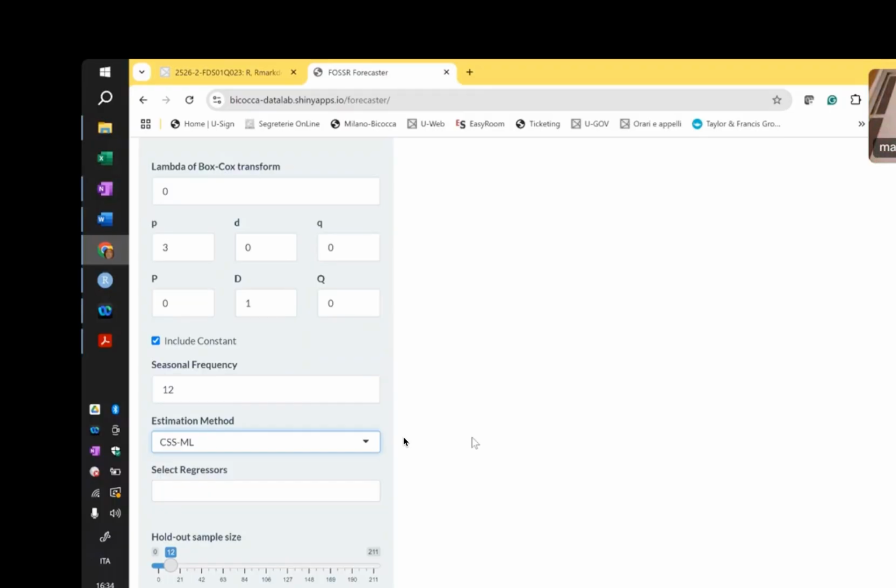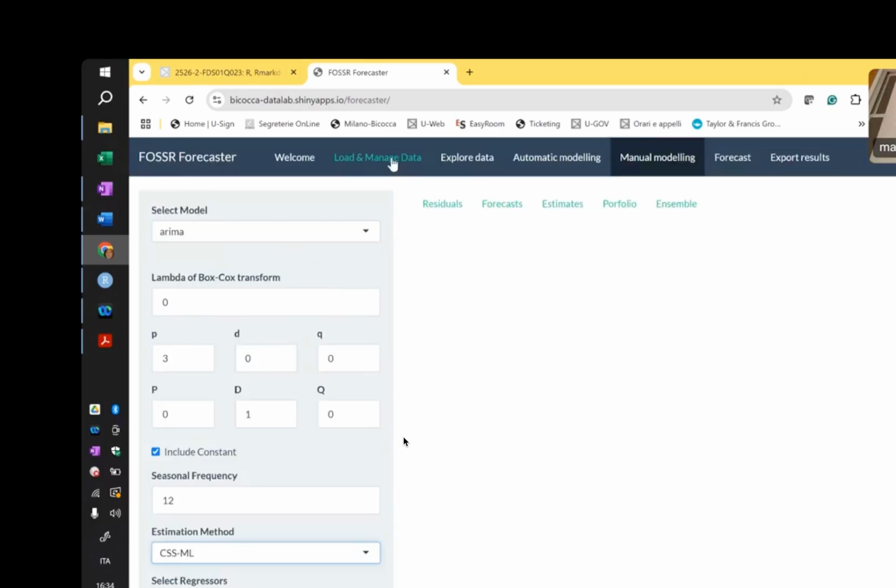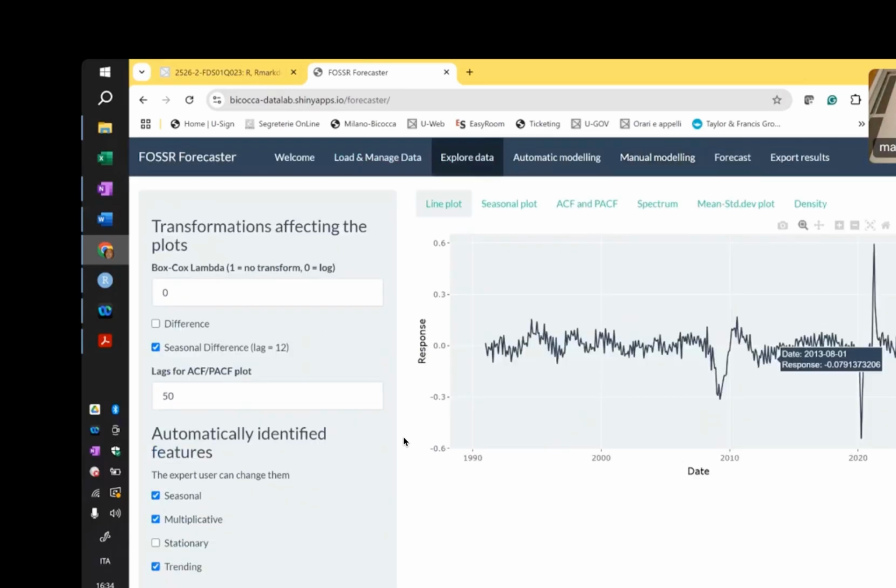Okay. So maybe in order to get rid of the COVID period, maybe we can just leave, I don't know, I don't remember how long the time series was. So the last observation is, well, it's February 2025.